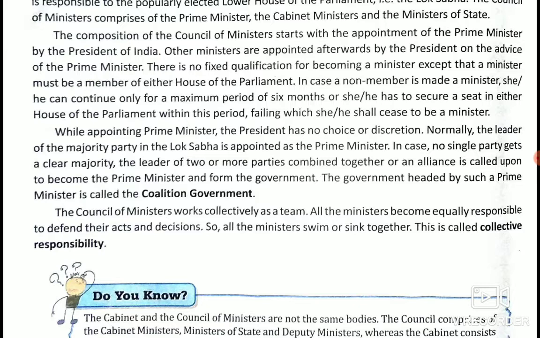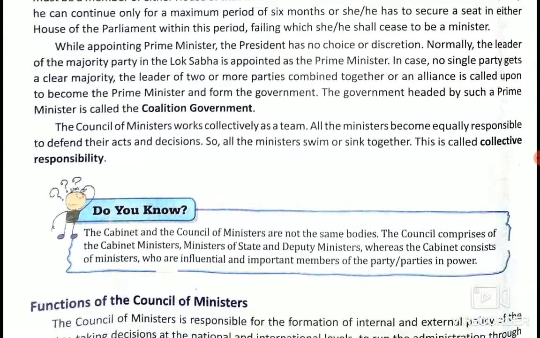While appointing the Prime Minister, the President has no choice. He only has to give the oath to the Prime Minister. Normally the leader of the majority party in the Lok Sabha is appointed as Prime Minister.